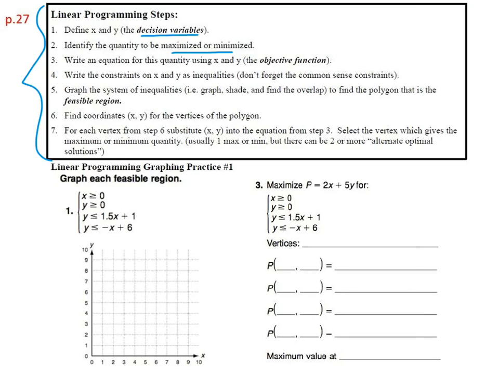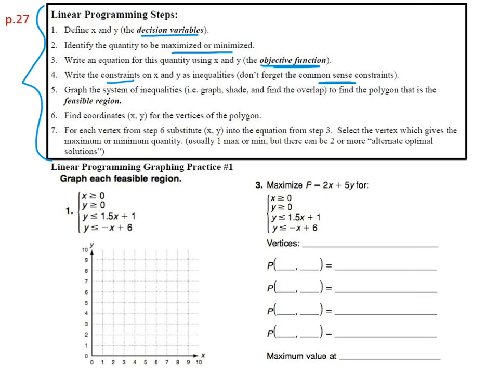Write that profit equation if that's what you're looking for. So that's your objective function. It might be for the lowest cost, but you're going to write the objective function. Then you'll write your constraints. Don't forget those common sense constraints. Very important to remember those.